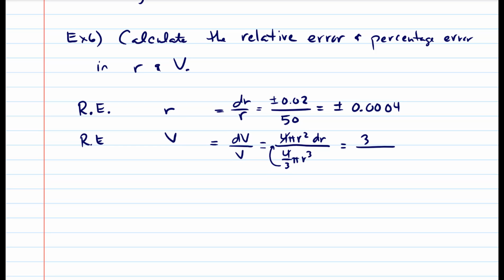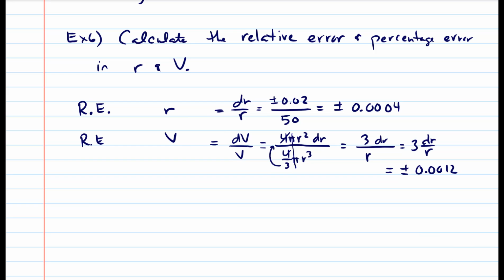The pi's cancel. We're left with 1 R on the bottom and a dr on top. Of course, volume and radius are connected. So the error in the ratio of the volume is going to be 3 times the error of the radius. In this case, it'll be plus or minus 0.0012.